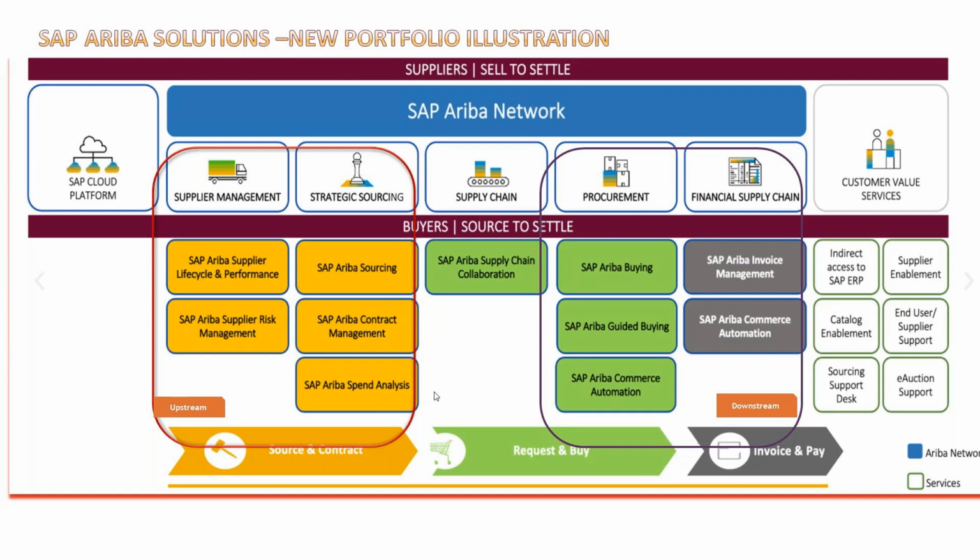When we start the onboarding process, whoever is responsible from our side will arrange a session where we explain how to register themselves and how to onboard in Ariba. It is just a form which they need to fill: the supplier name, details, email ID, and what products and services they are providing. That's it, and their ID will be created.